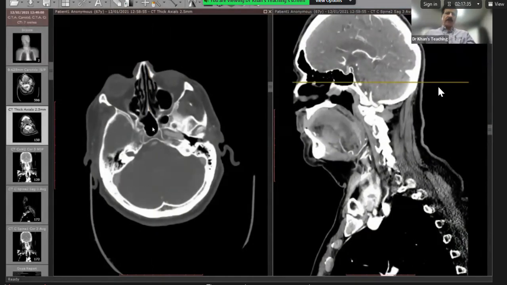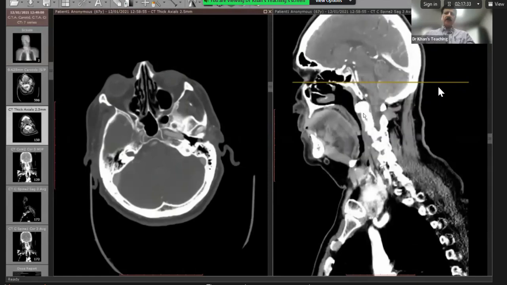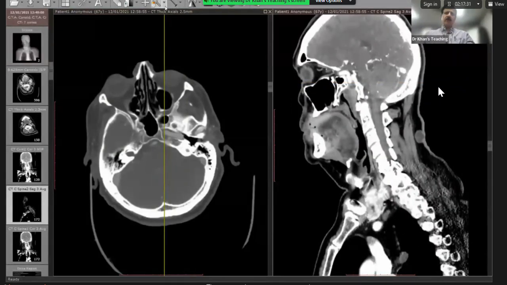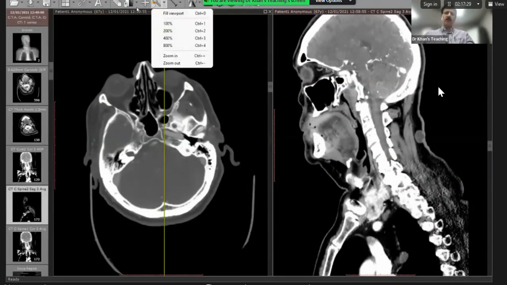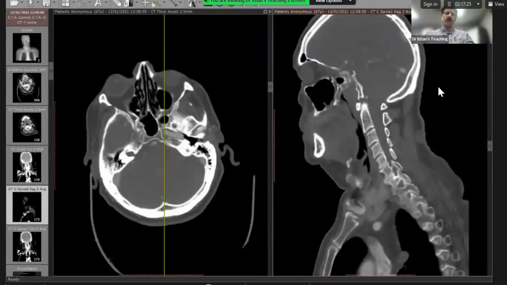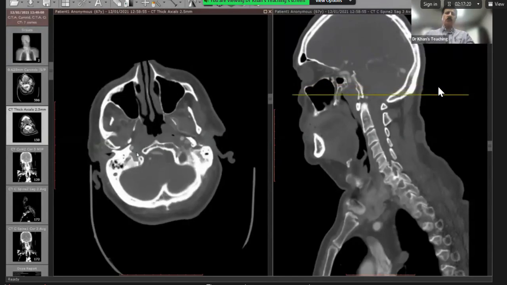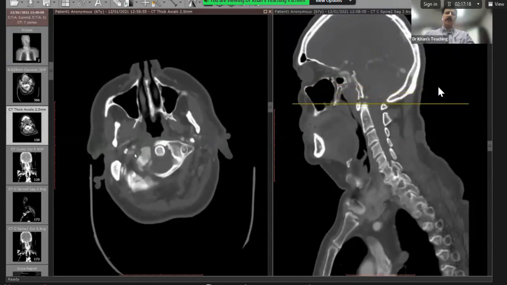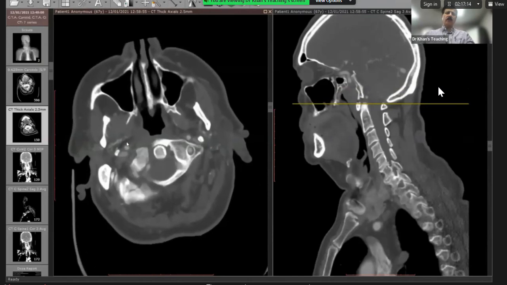Now, our aim is, let me change the window here to bone window. Now, our aim is just to see the vessels through the carotid canal. Now, can you see my mouse, candidate one?